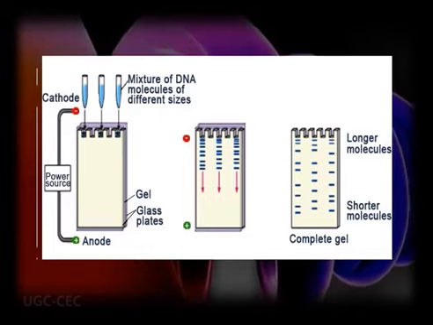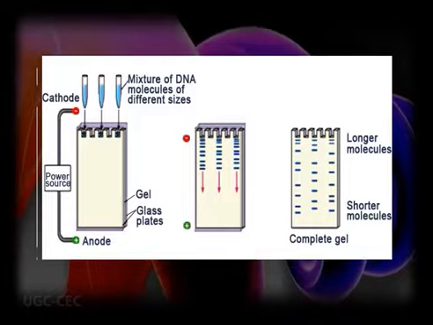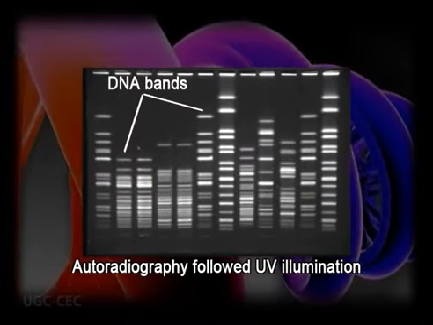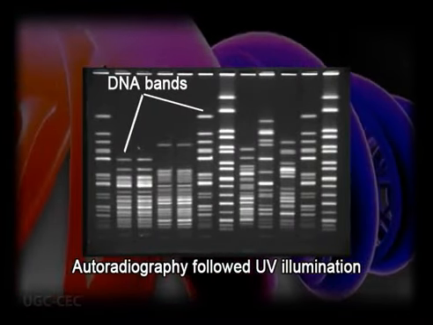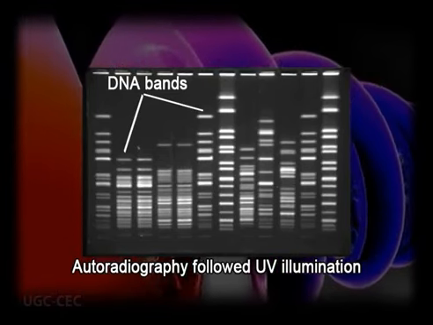This helps in separation of DNA molecules according to their size. After gel electrophoresis of DNA, the gel is stained by ethidium bromide, and if placed over an ultraviolet illuminator, bright pink bands are seen representing DNA fragments of different lengths that have migrated during the electrophoresis.